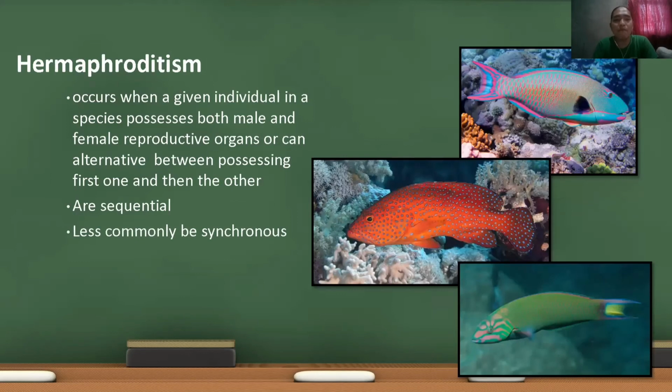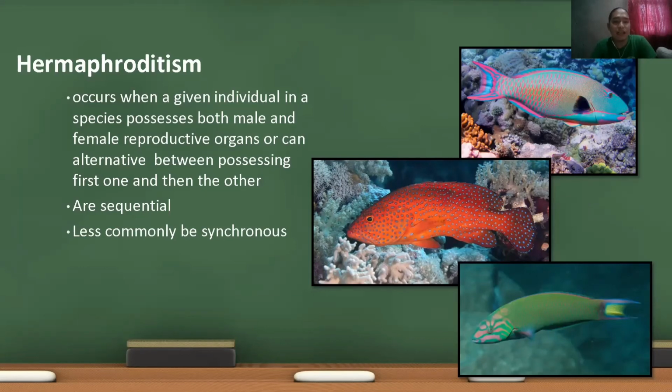Next is hermaphroditism. Hermaphroditism occurs when a given individual in the species possesses both male and female reproductive organs. It can alternate between possessing first one and then the other. So hermaphroditism is a species with both female and male reproductive organs.